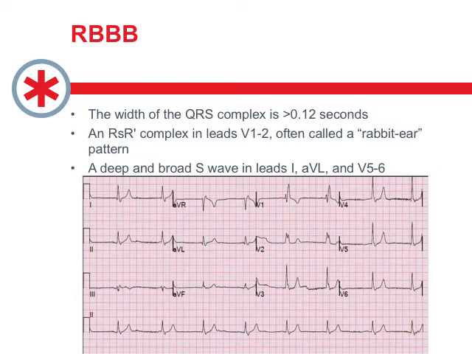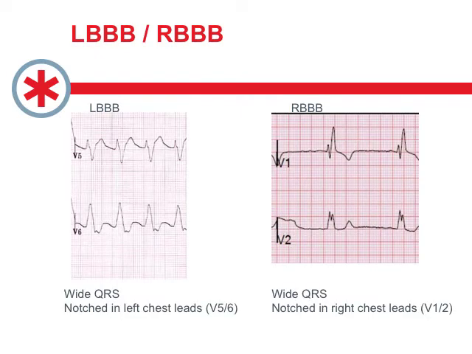So really have a peek at this ECG and convince yourself that this makes sense to you, particularly the first 2 points. It's got to be wide and should have this bunny ear pattern in V1 and V2. So the good news is that is it. Just to go over the recognition again quickly: in a left bundle branch block, you need a wide QRS, and you're going to have this notched, slurred R wave in V5 or V6.